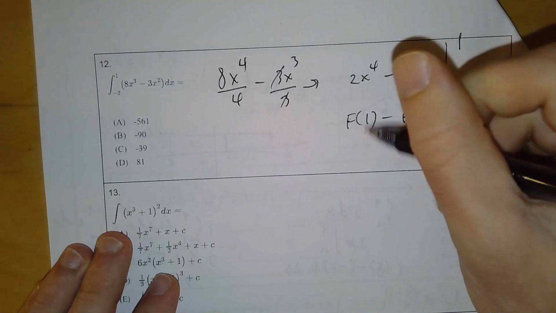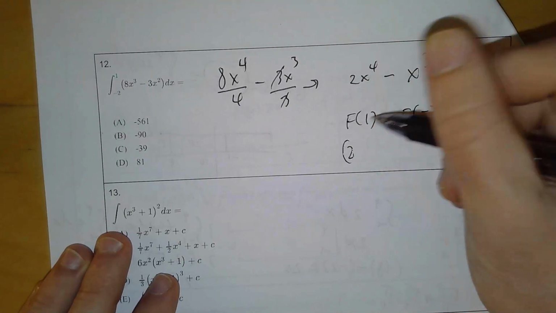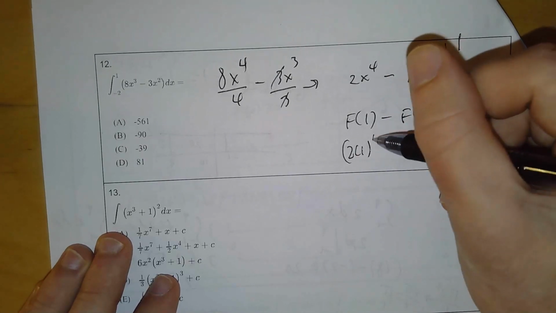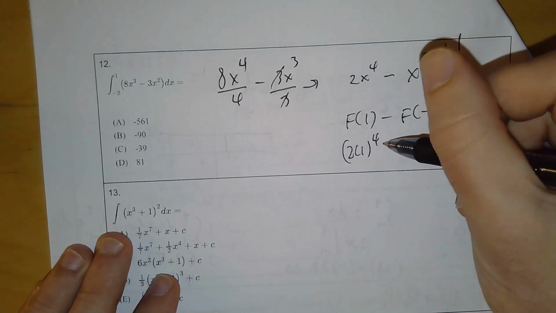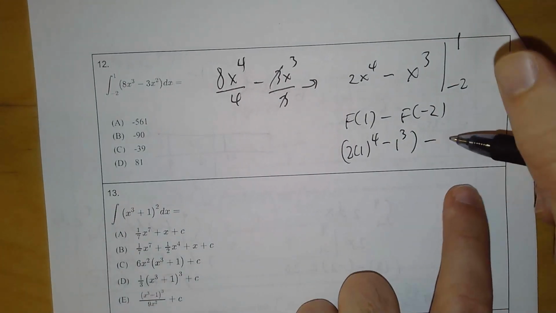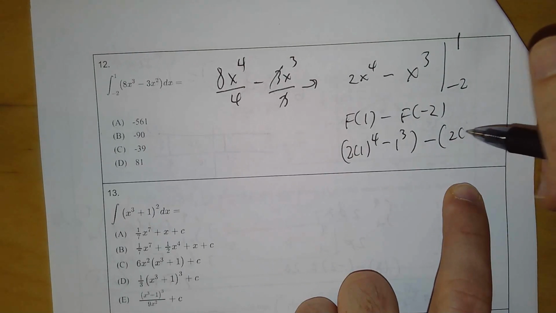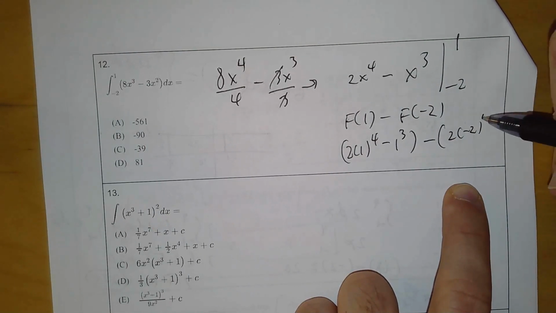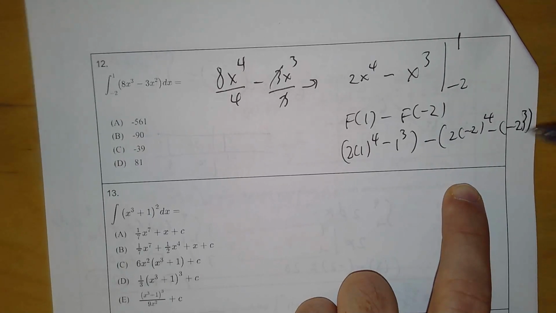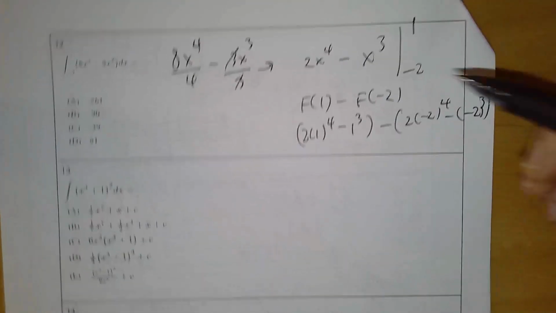So plug in the 1, you're going to get, I'll show you the full work, 2 times 1 to the 4th minus 1 to the 3rd, minus 2 times -2 to the 4th minus -2 to the 3rd. Actually, you guys might struggle with this.